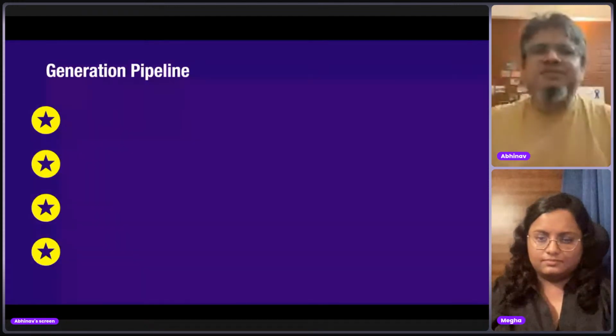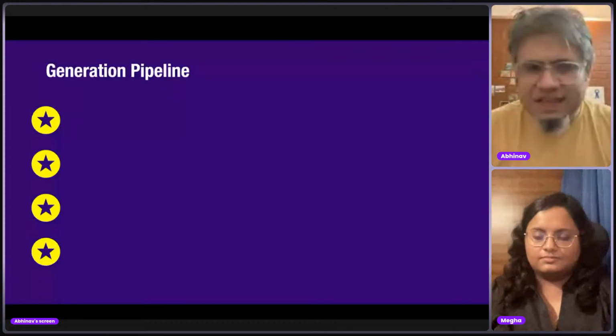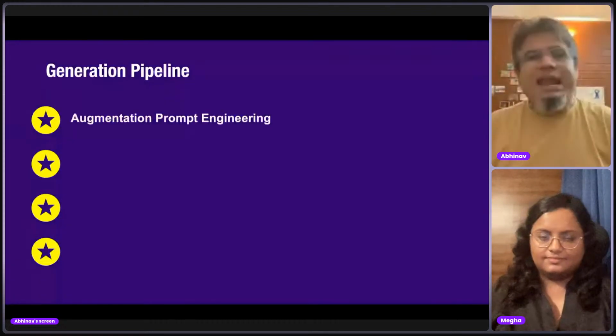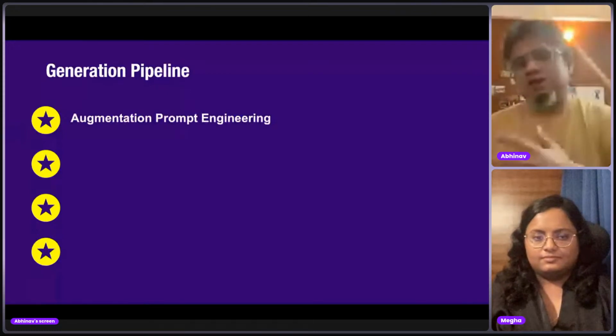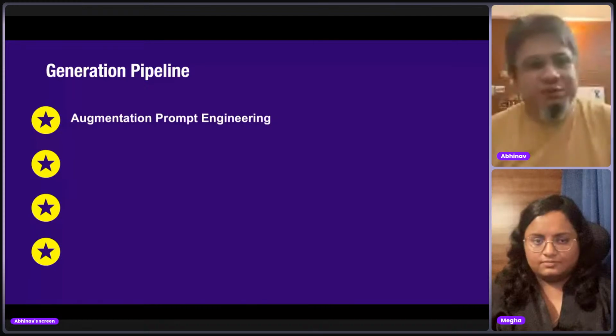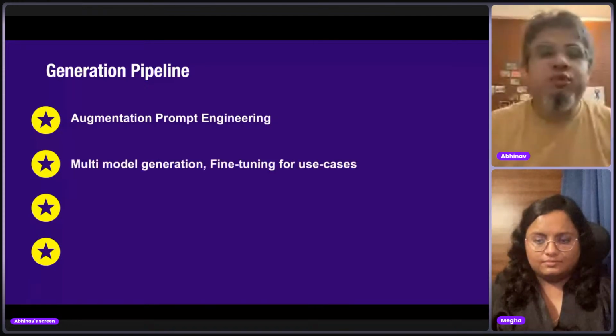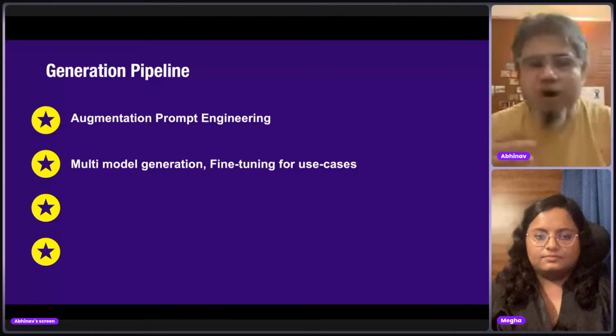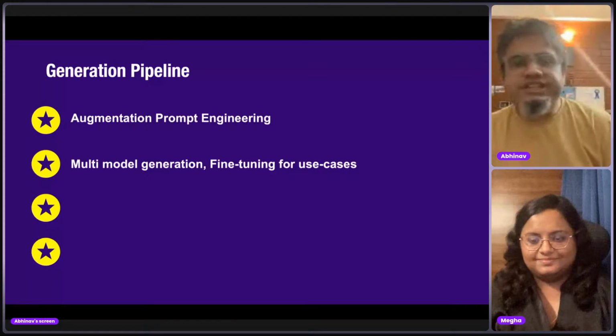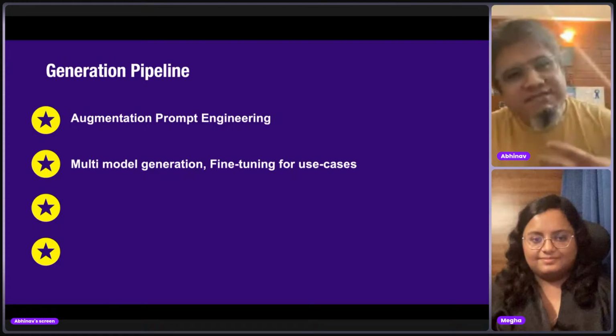Apart from that, there are also other interventions, like we have a whole library of prompts that we use for augmenting the retrieved information to the original input. We have not just one, but a lot of different models that we employ for generation. In some cases, we have fine tuned the models also.